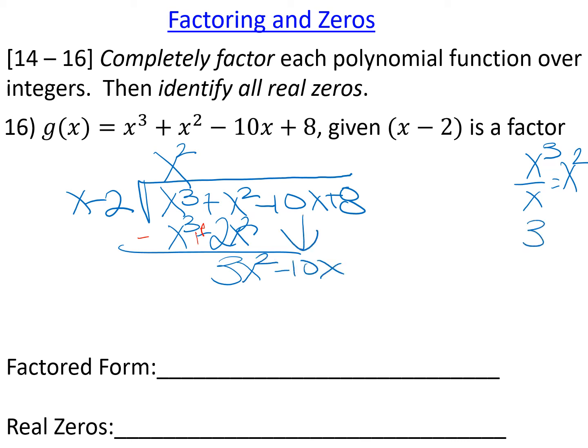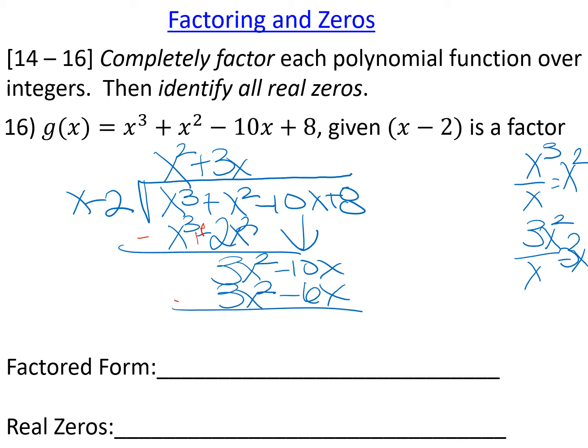Okay, then I do it again, 3x squared divided by x, that equals 3x. Okay, so 3x times x is 3x squared. 3x times -2 is -6x. I am going to distribute that negative, meaning that I'm adding. Okay, I am running out of room here. Let's see.